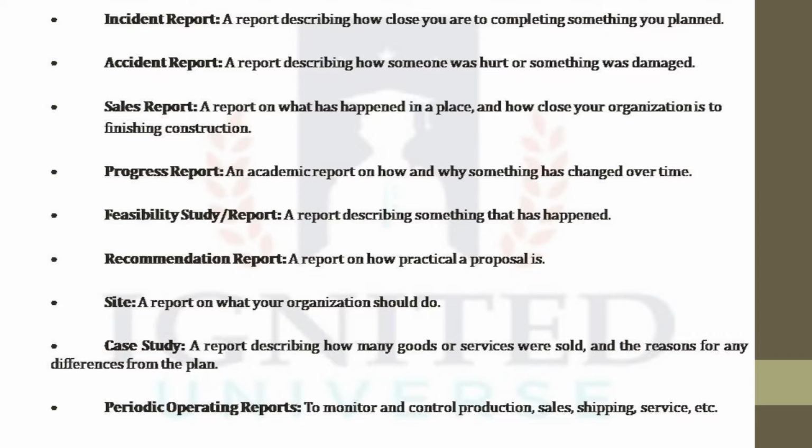Then it advises on what the organization should do. A case study report describes how goods and services were sold, what the reasons are, and any particular situation related to a person, an individual, etc. All these reports come under case study.